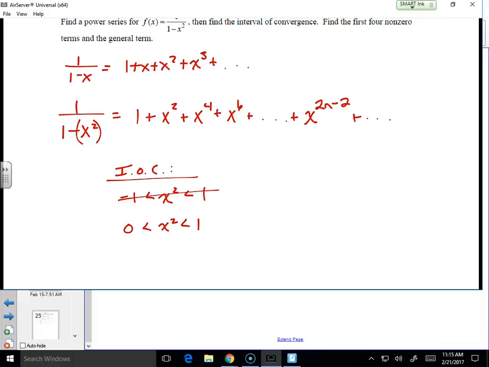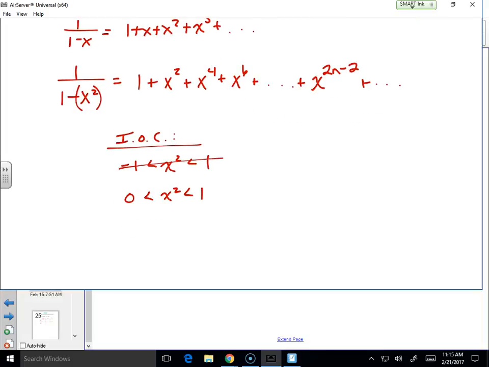But x squared could be 0. Wait, so it's fine because it can't be negative 1, but it could be negative 0.99999, right? So it's just open interval, right? I'm trying to think of how to show it.